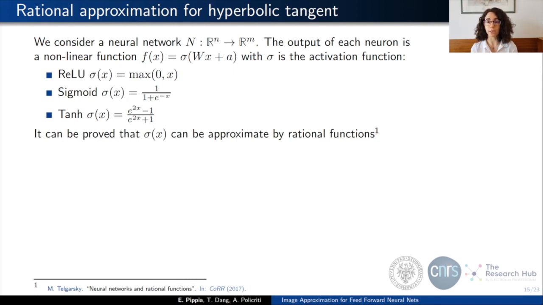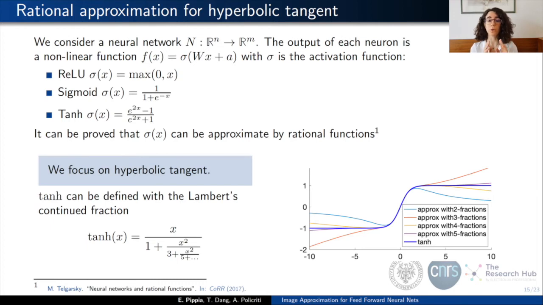What we want to analyze here is an approximation with rational functions, and we know that we are able to approximate these three activation functions with rational functions. And as a case study, we will focus on the hyperbolic tangent.